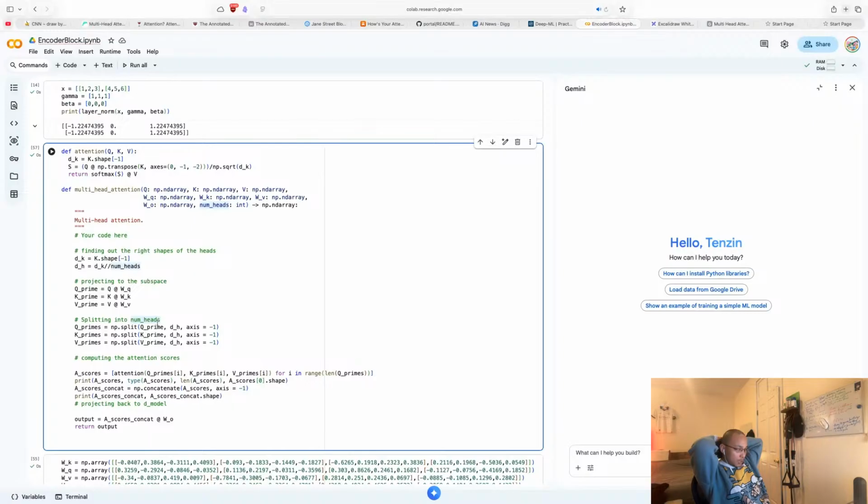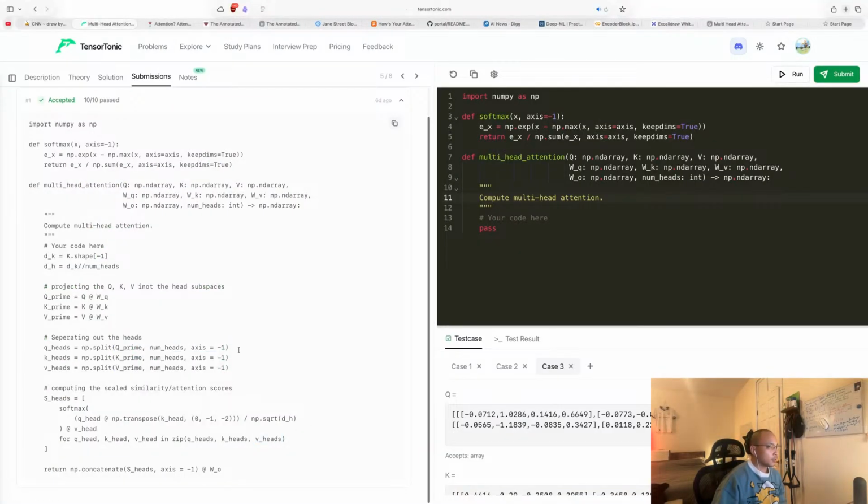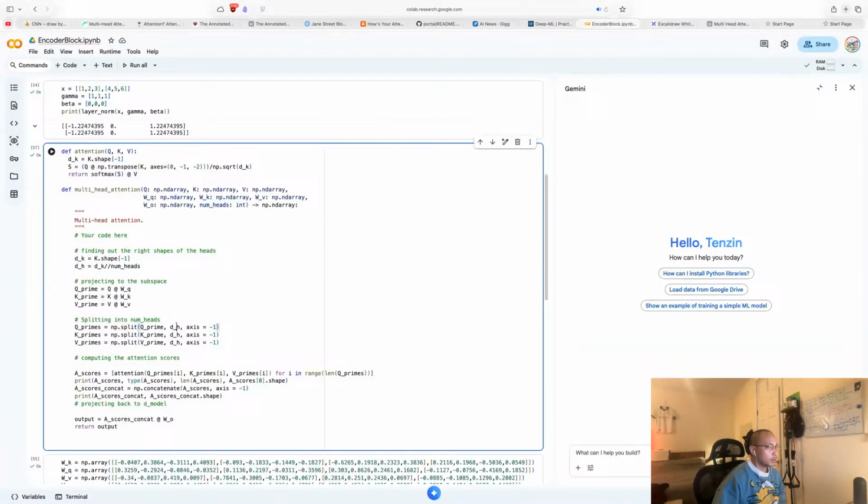Okay, k prime is primes for i in range. Splitting the number of heads is done by that. That's right, number of heads. That looks to be the problem. So currently, how many?